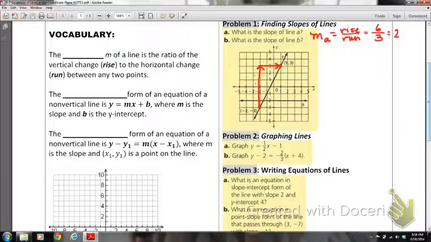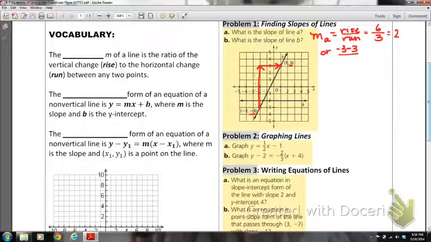But we could have also used the formula. Instead of counting, we could calculate the difference between the y values. So we have a -3, that's the first y value, minus 3, that's the second y value.